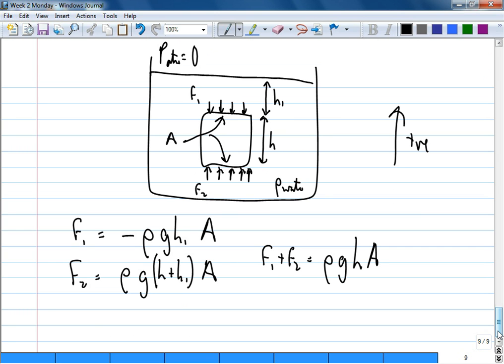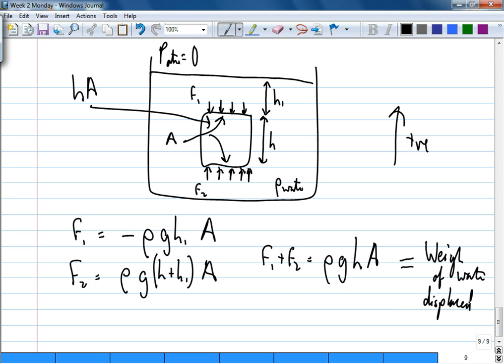What does this mean? What is the volume of this thing? H times A, isn't it? Rho G H times A is actually equal to the weight of the water displaced.